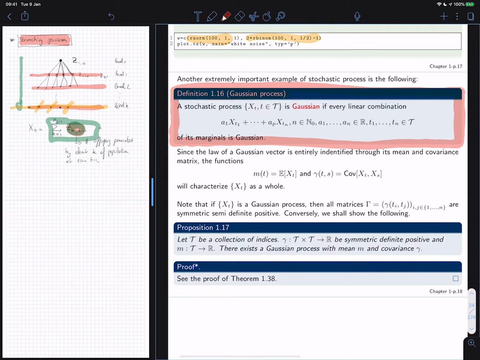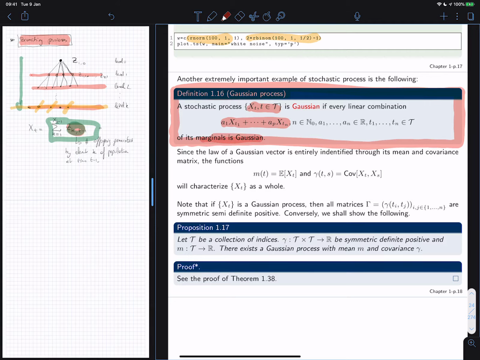It's the Gaussian process. A Gaussian process is a stochastic process which is Gaussian, not in the sense that the Xt's are themselves Gaussian. That's very vague. We're not talking about the marginal distribution. We're saying that globally the process is Gaussian in the sense that any combination of observations at any time points is itself Gaussian.